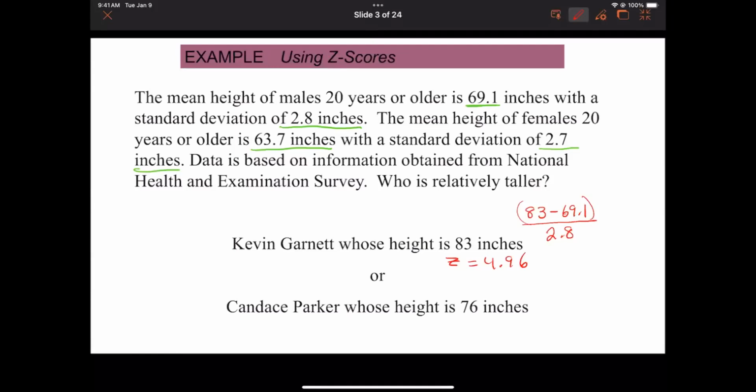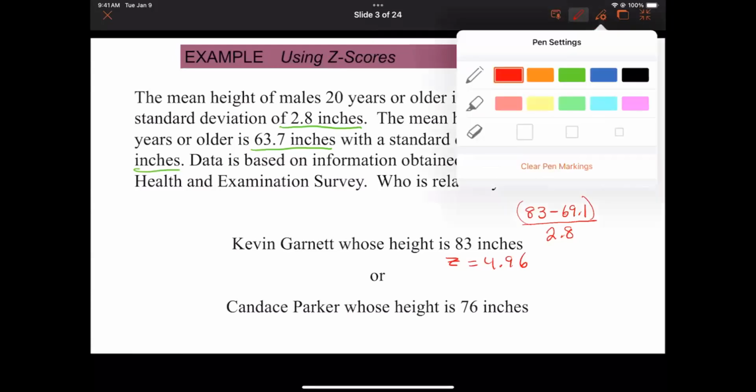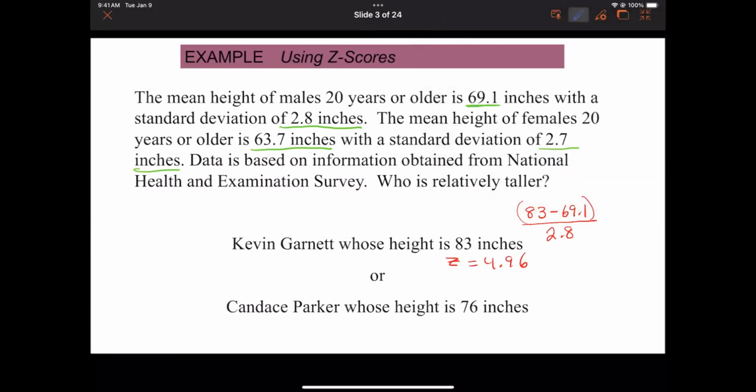So let's take a look at Candace Parker. She is 76, so I'm going to take 76 inches minus 63.7 and divide it by the standard deviation, which is 2.7. Once again, remember the parentheses. I'm going to put this in my calculator.